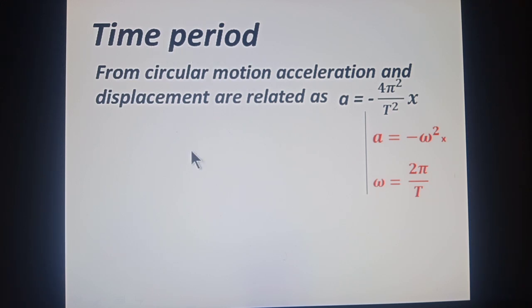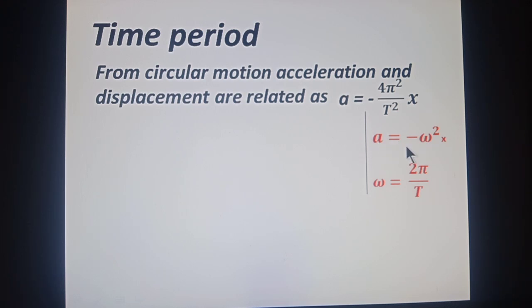Students, here we will take the help of circular motion. From circular motion, the acceleration is related with displacement for a particle that is moving with angular velocity omega. Omega is the angular velocity.